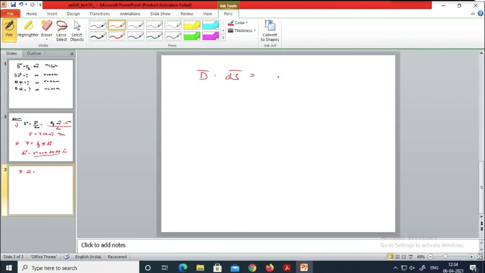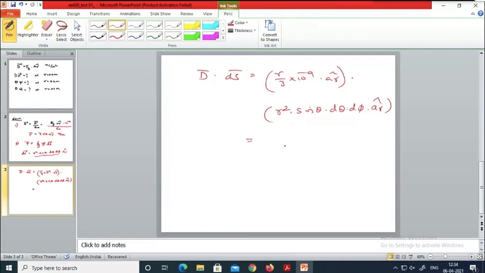So r by 3 into 10 power minus 9 into ar cap, this is D vector, dot product of r square into sine theta into d theta into d phi into ar cap.